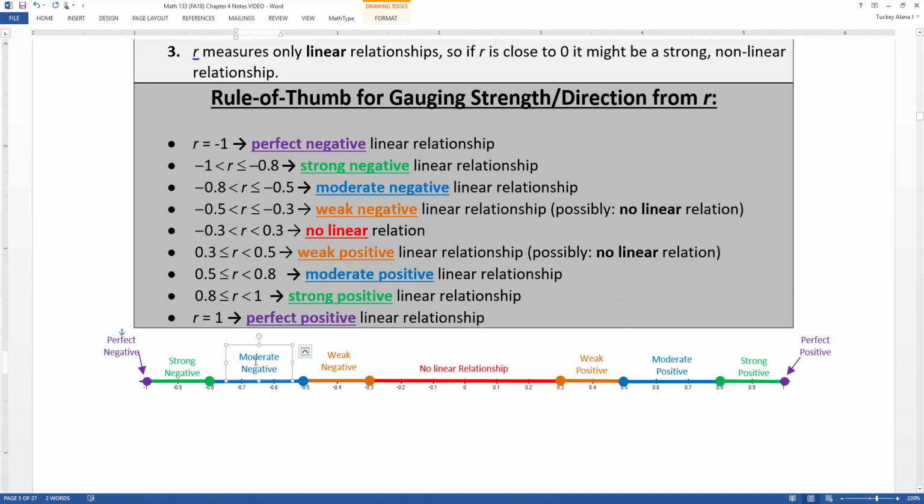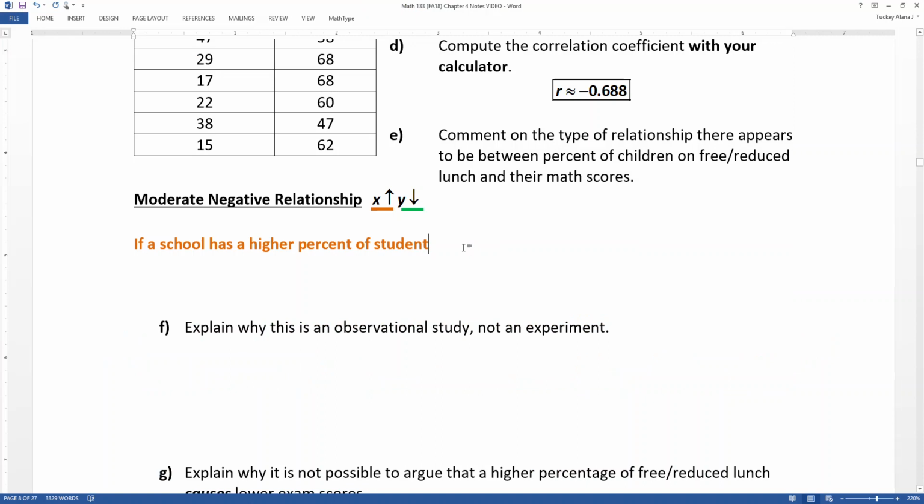So it is a moderate negative relationship. That means that if X goes up, Y goes down.